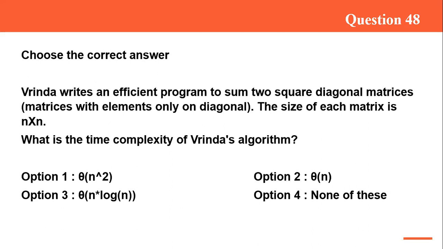0,0, 1,1, 2,2, 3,3, and so on. Am I right? So the index is always the same, right? I is the same as j always. So do I need to write two loops for that? Is it necessary to write two loops?